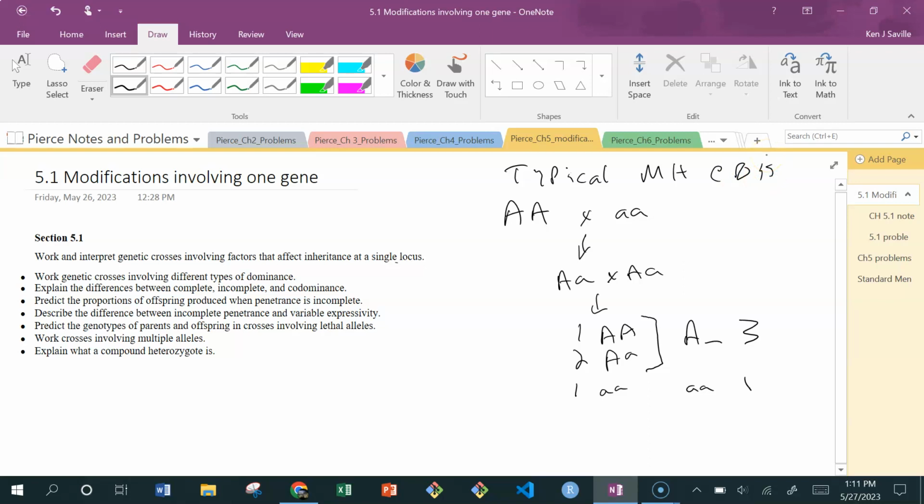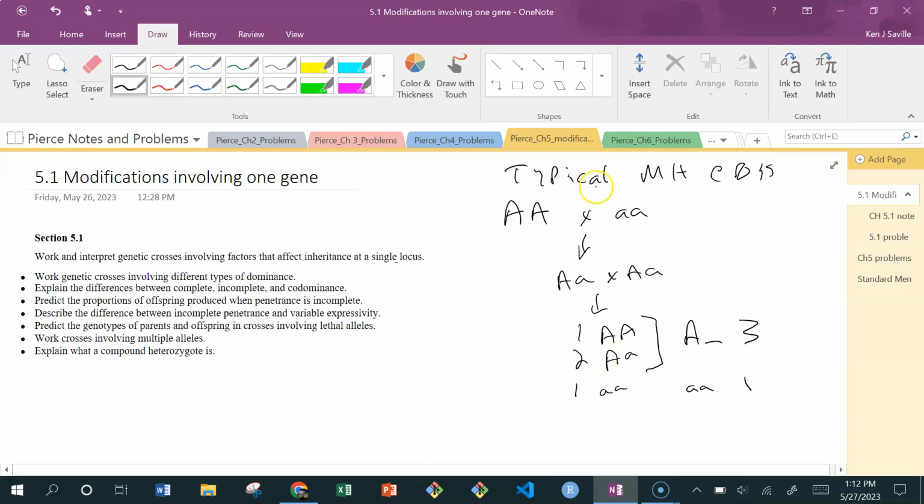Anytime you see a 1 to 2 to 1 ratio, or a 3 to 1 ratio, or some kind of modification of a 1 to 2 to 1 ratio, that means we're dealing with one gene and it's a monohybrid cross. That's just sort of the definition. What we're going to see with modified Mendelian monohybrid crosses is that instead of a 3 to 1 ratio, we get some modification of it.